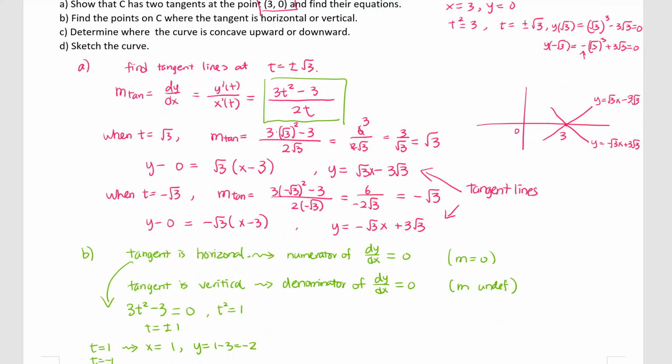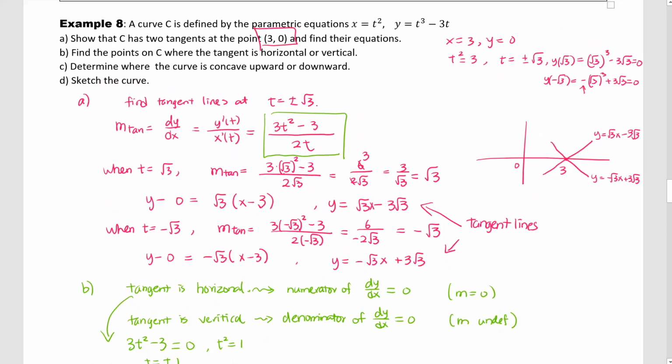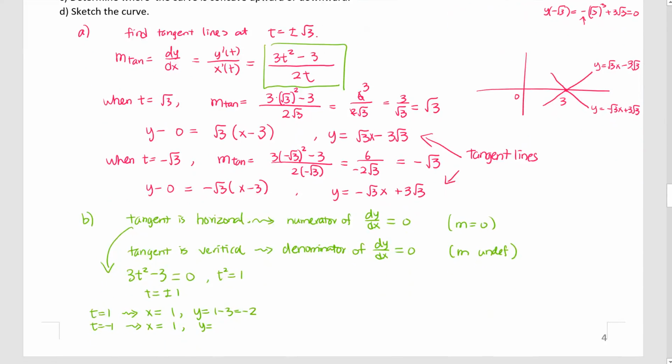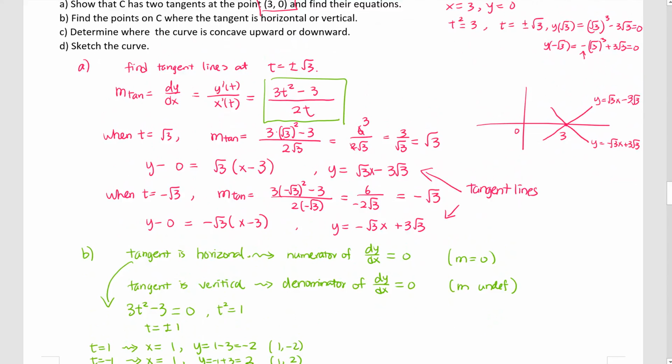When t equals minus 1, x is t squared, also 1, but y, because we plug in minus 1 cubed is minus 1, plus 3, is then negative 1 plus 3, which is 2. So it corresponds to 2 points: (1, negative 2) and (1, 2). Okay, so we have 2 points where we have a horizontal tangent.